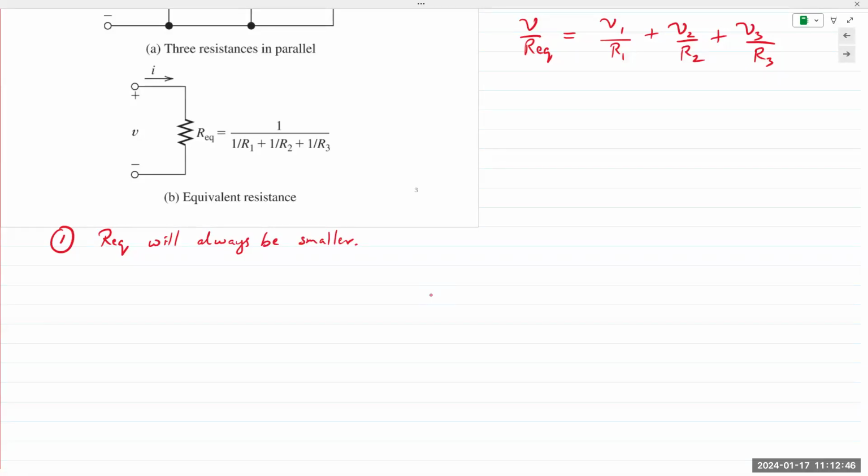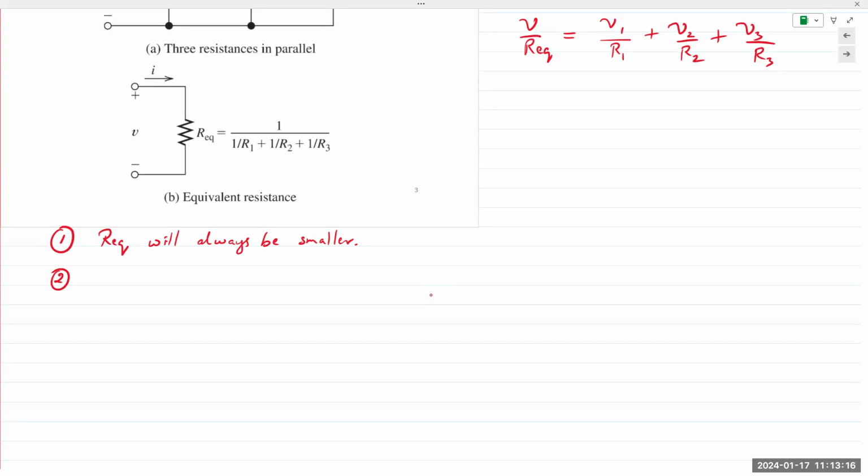You could have like 20, 20, 20, 20, and then 10. The resulting value will always be smaller than 10. Again, that's something to keep in mind to verify your answers. Not even verify your answer. It's an instant check: if it's not smaller, then your answer is incorrect.